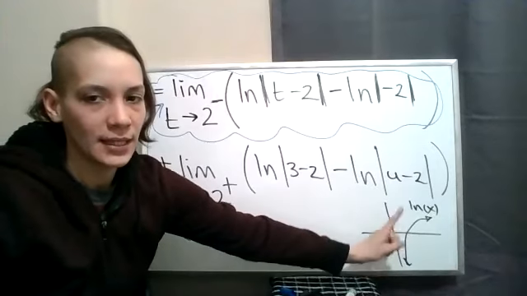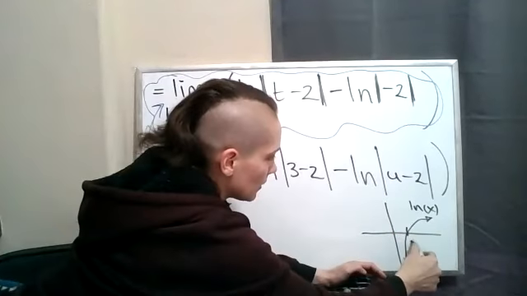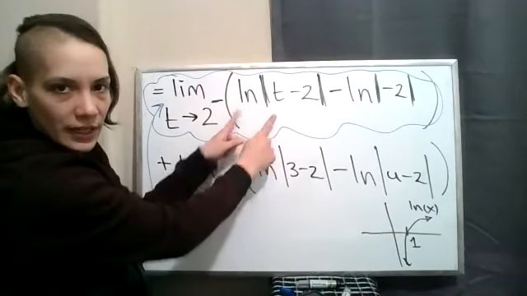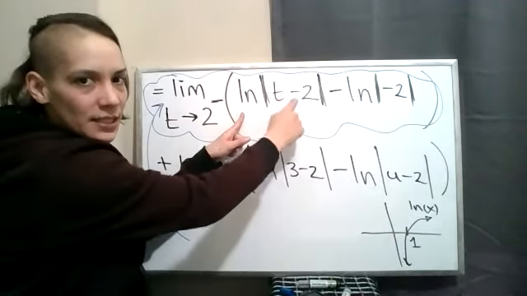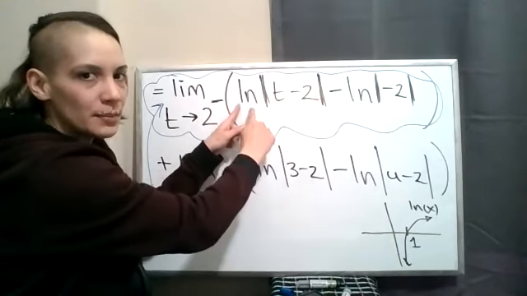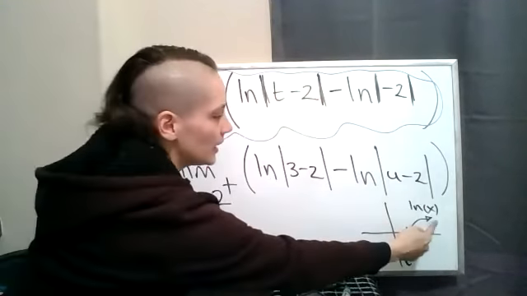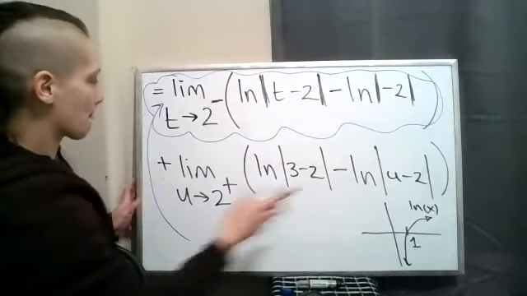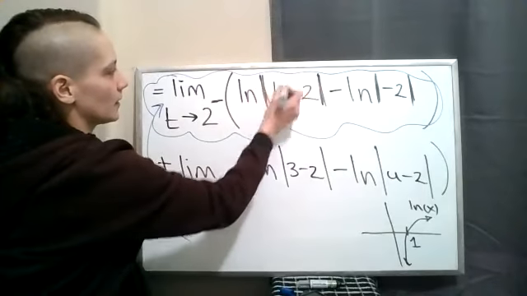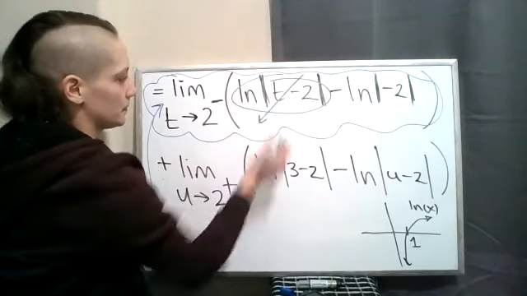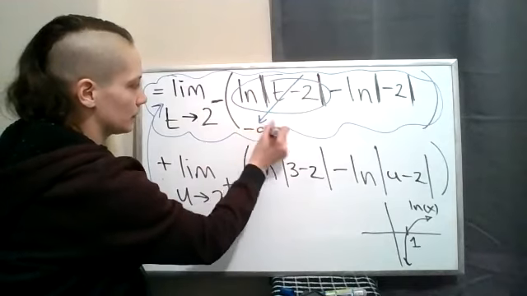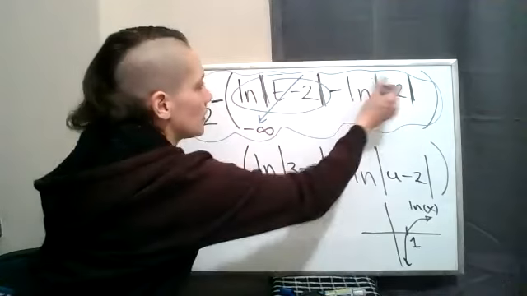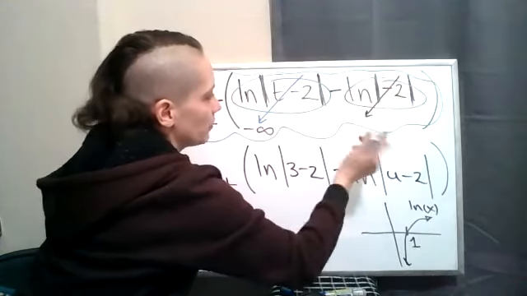And ln of 1 is equal to 0. So right here, this is approaching 0 inside the absolute value bars. So this is becoming ln of 0. So ln of 0 is equal to negative infinity for the limit. Okay, that's going to ln of 2, just some number.